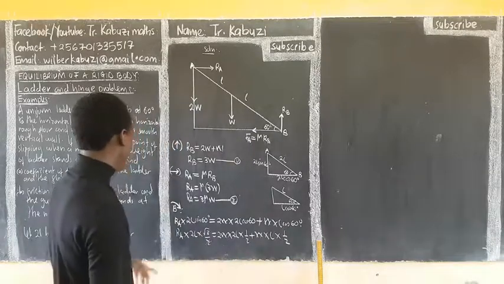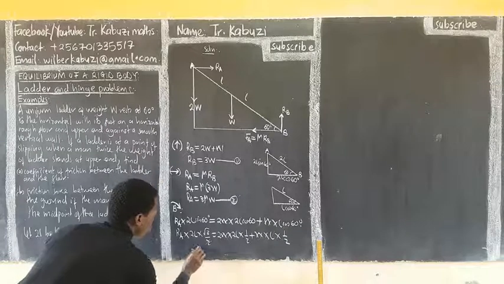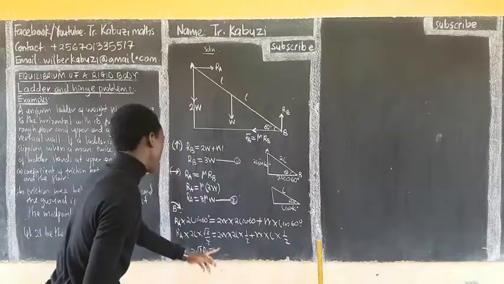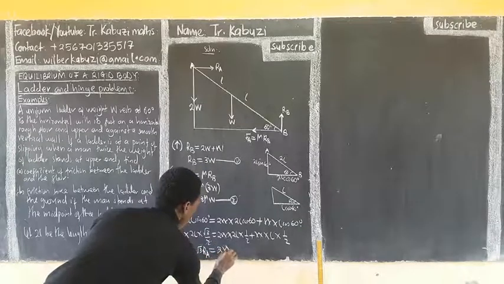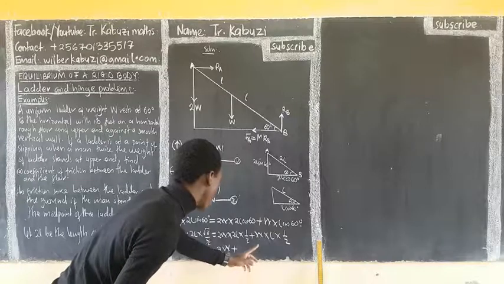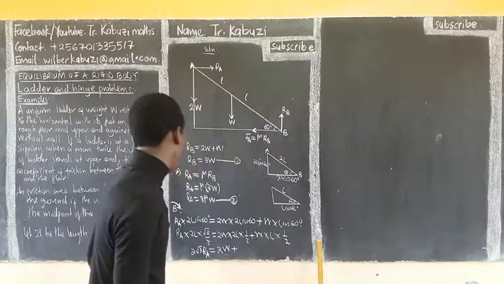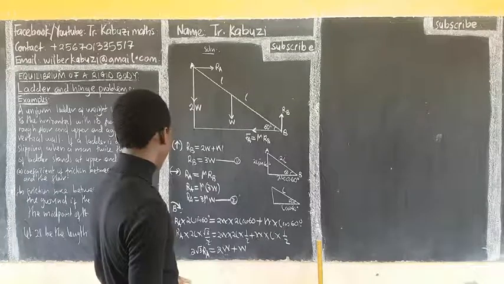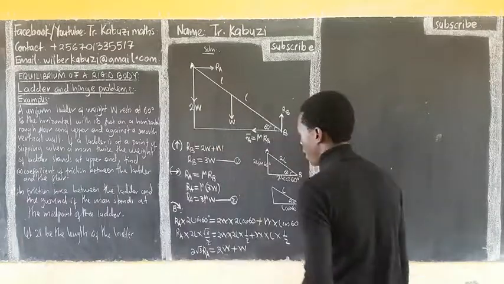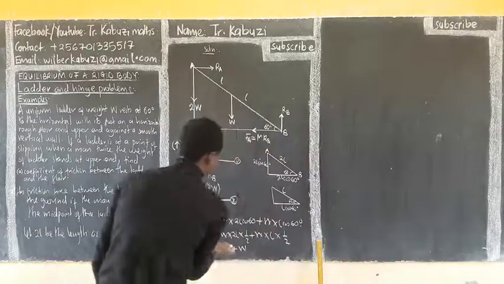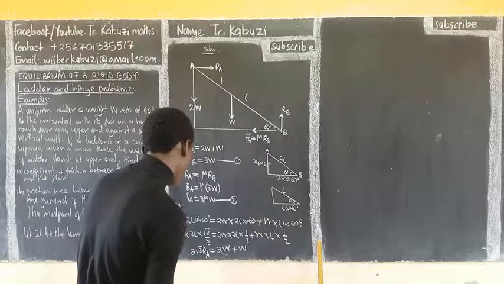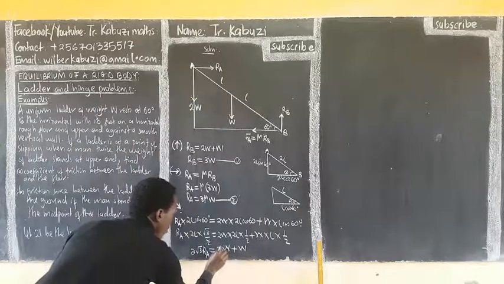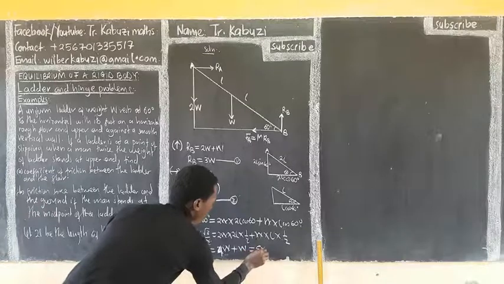So what is going to survive? From here you shall be having 2 root 3 RA, equaling to 2W plus W. This is 4W, which is going to give us 5W.